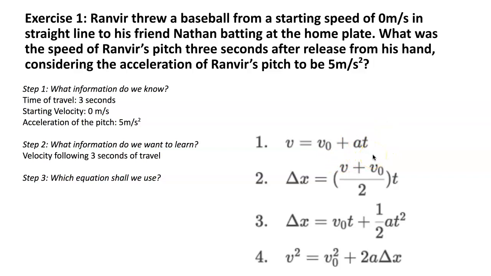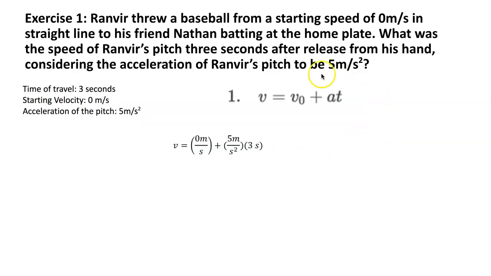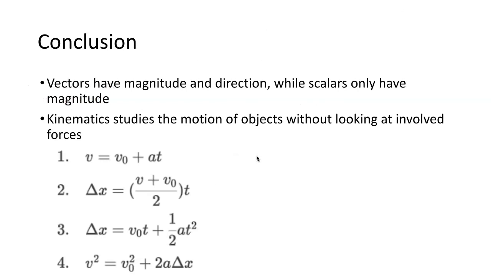Now that we know which equation to use, we apply it with the values we have collected: we plug in the initial velocity, acceleration, and time. Then we solve to get the correct answer of 15 meters per second for the final velocity of the ball following 3 seconds of travel.